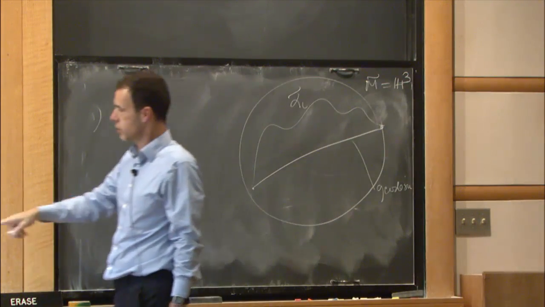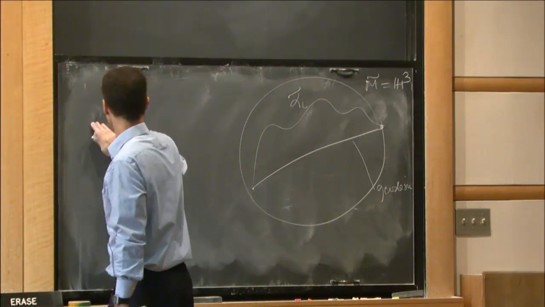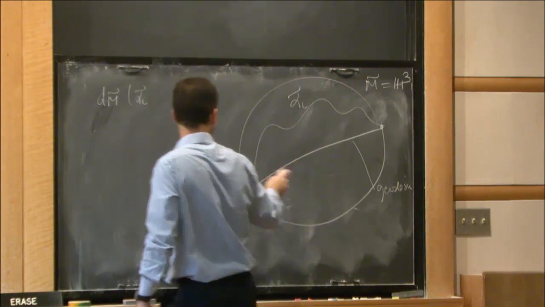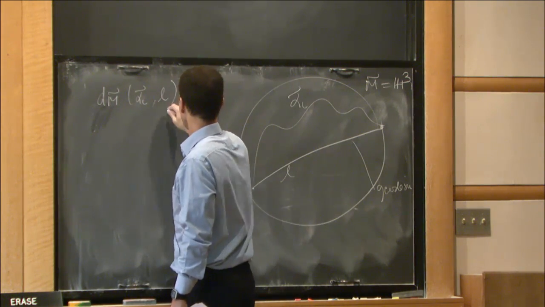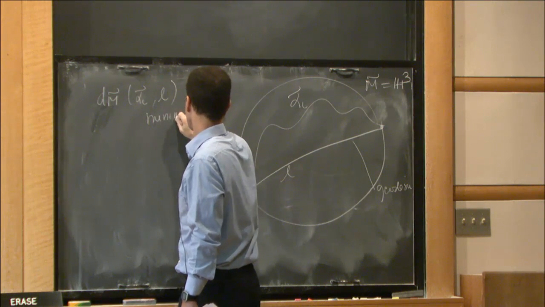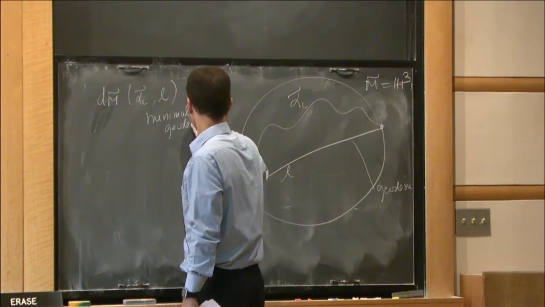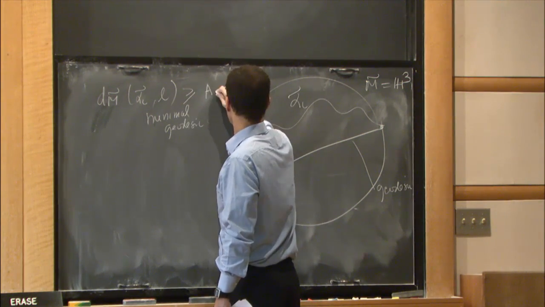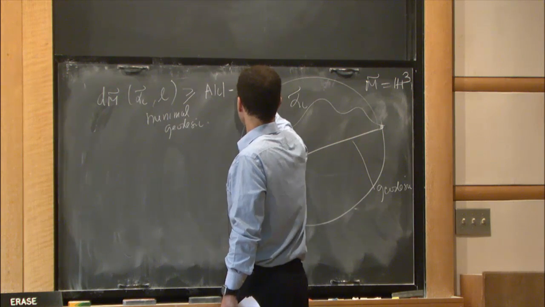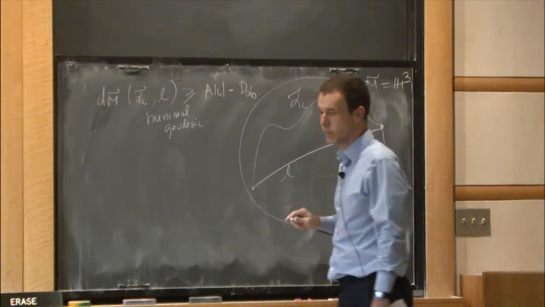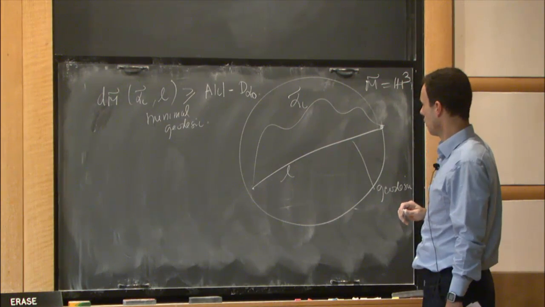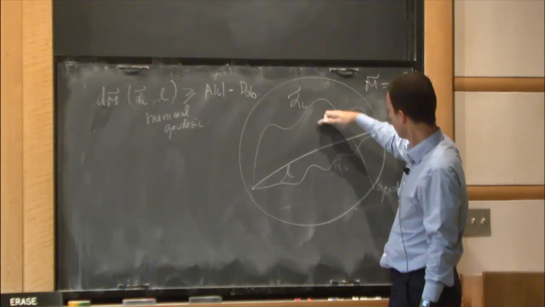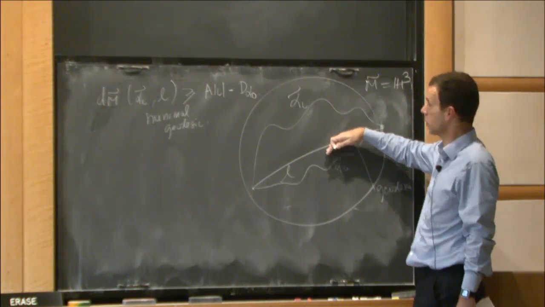And because of this separation here, this implies that the distance between alpha i and L, so this is the minimal geodesic with the same ideal points, is greater or equal than A times i minus some constant, which I'm going to call d alpha 0. Okay? So the bad case is when my alpha 0 is sort of here, and I have to go through, maybe get very close to the minimum geodesic, and then go to the other side.